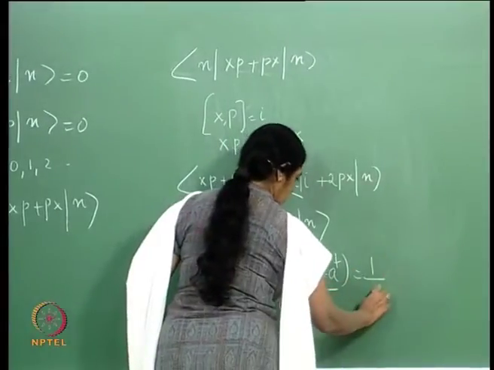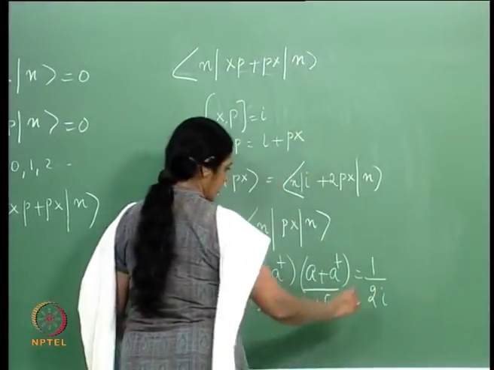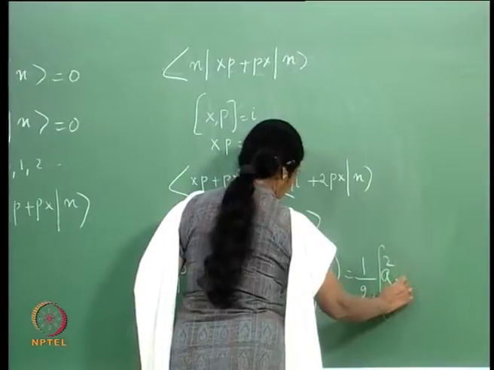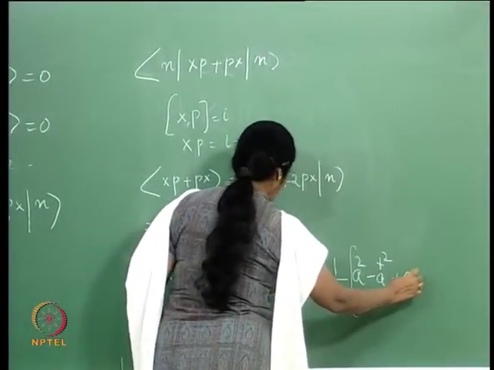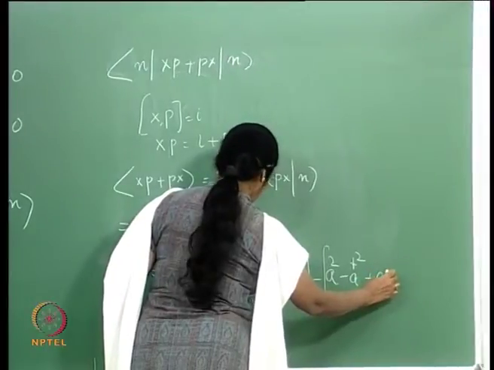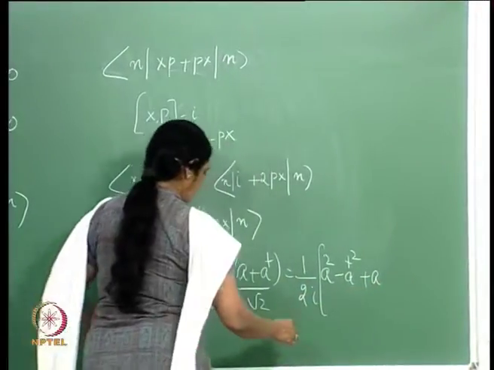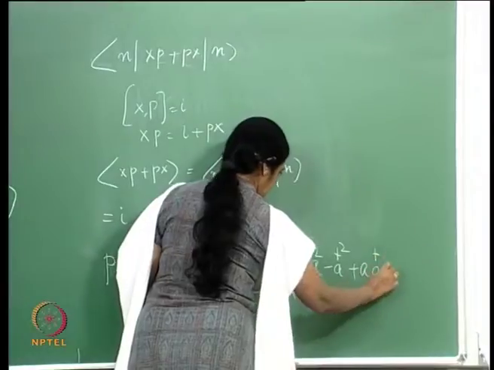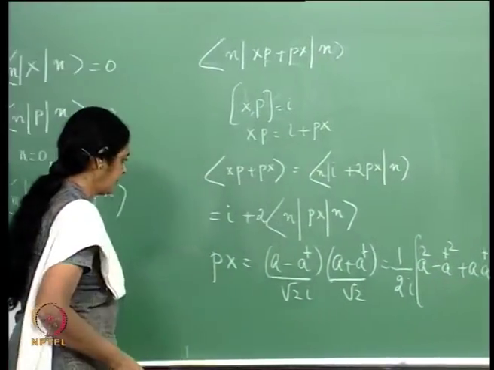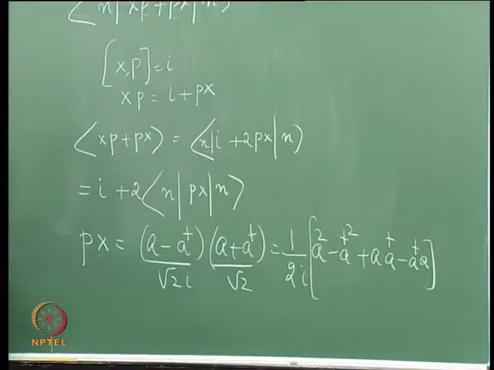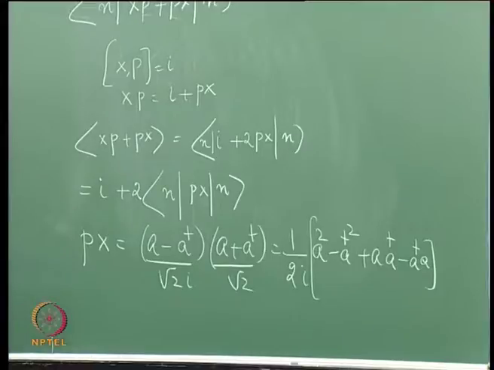This object is half i times a squared minus a dagger squared plus a a dagger minus a dagger a. I use this and I find out the expectation of xp plus px.